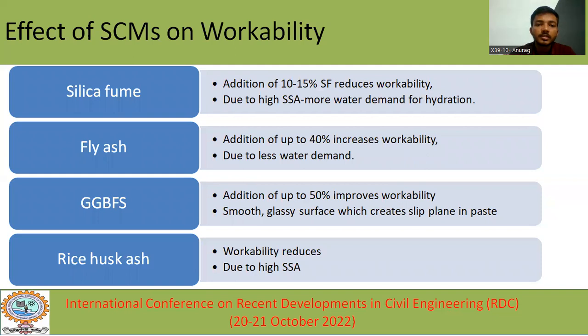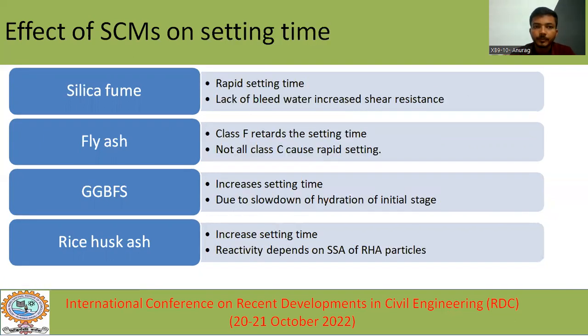Addition of up to 40% fly ash increases the workability, due to less water demand. Addition of up to 50% GGBFS improves the workability because of the smooth glassy surface, which creates a slip plane in the paste. Rice husk ash reduces the workability due to the high specific surface area.